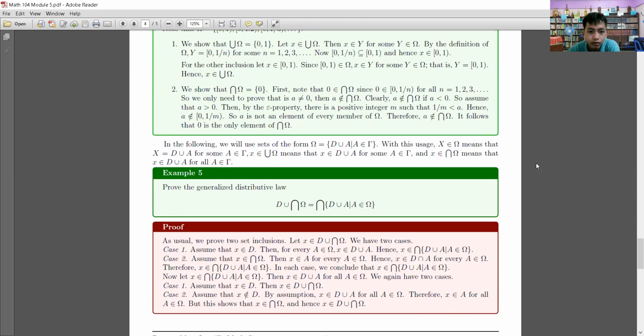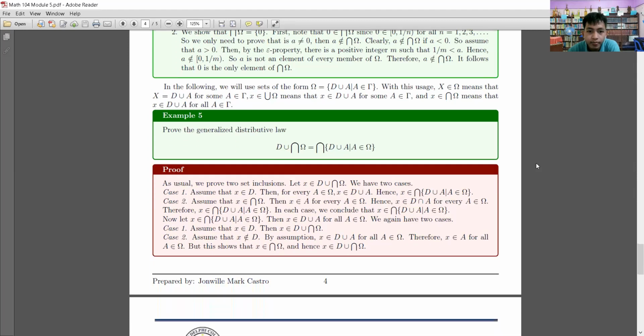So, in the following, we will use sets of the form omega equal to D union A such that A is in tau. So, paggamit natin nito, X is in omega means that X equals D union A for some A in tau.